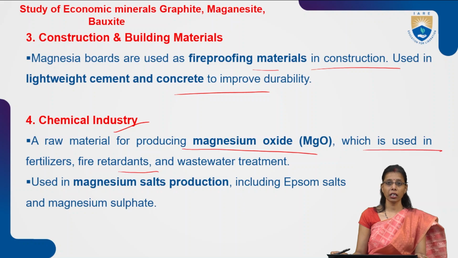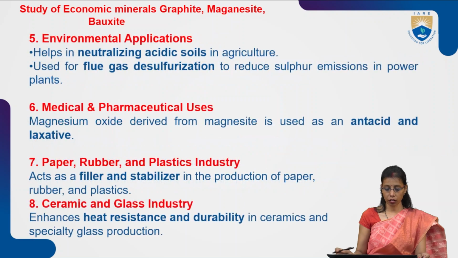It is used in magnesium salt production, including Epsom salts and magnesium sulfate. Epsom salt is basically used for plant growth. So magnesium salts are used as a chemical for the production of all these salts.